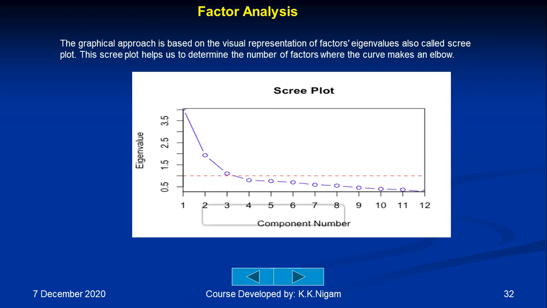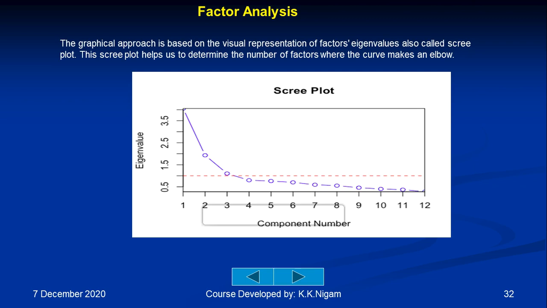Now, the graphical approach is based on the visual representation of factors and eigenvalues, also called a scree plot. The scree plot helps us to determine the number of factors where the curve makes an elbow. So you can see on this graph, known as a scree plot, it's an elbow shaped graph, which gives you the factors having the curve, and those factors will be selected.